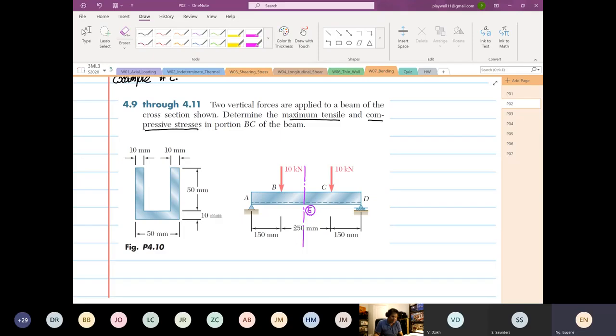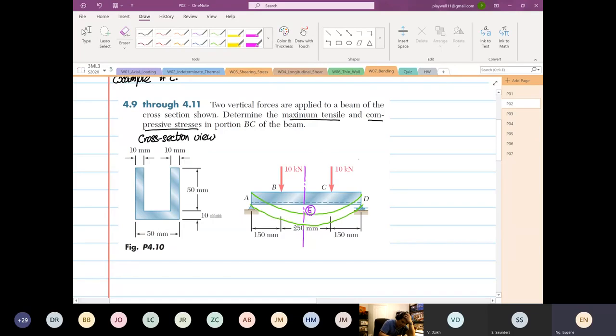Okay, so when the structure deforms, the structure will deform this way, in this direction. So if we were to draw a transformation, on the left-hand side is the cross-sectional view, and over the right-hand side is not.